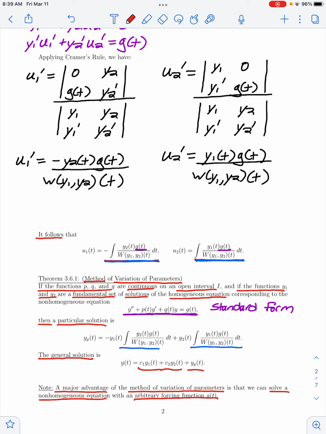So this method is a little more powerful than the method of undetermined coefficients, because undetermined coefficients only worked in the case that g of t was a polynomial, an exponential, or a sine-cosine function, or products of those types of functions. This method of variation of parameters, all we need is continuity of g of t, so we have a more powerful method for solving these non-homogeneous equations with this technique.